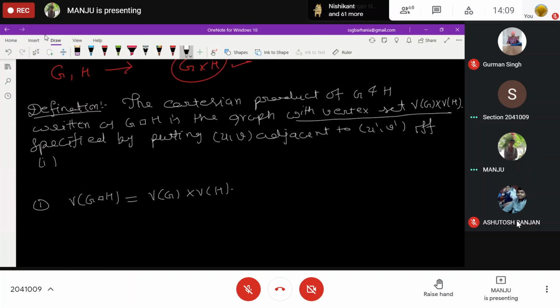First one, if U is equal to U dash and V comma V dash belongs to the edge set of which graph? The edge set of which graph?